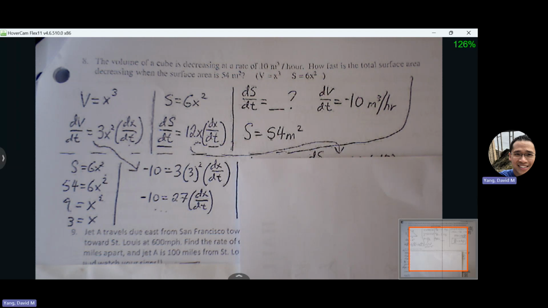So I'm using my surface area equation to help me get to my x, which I'm going to need later. Then I'm shifting over to that dV/dt equation to help me get to the dx/dt variable that I need.